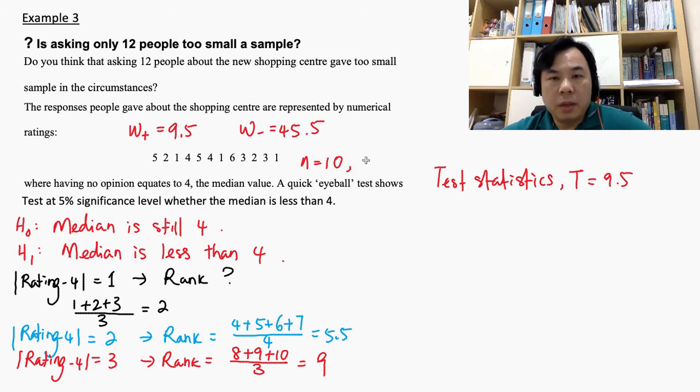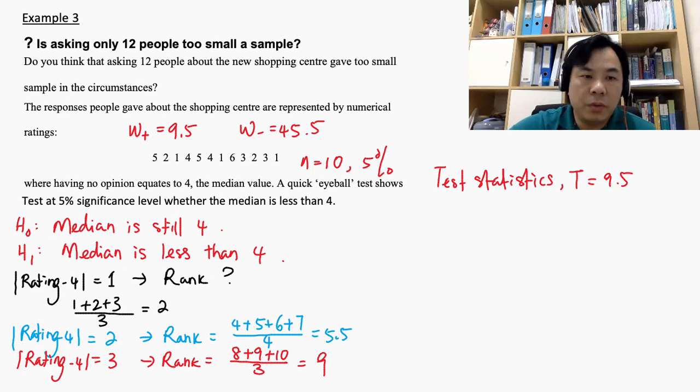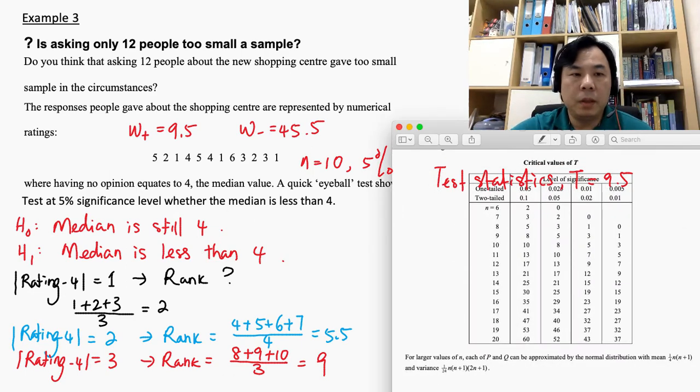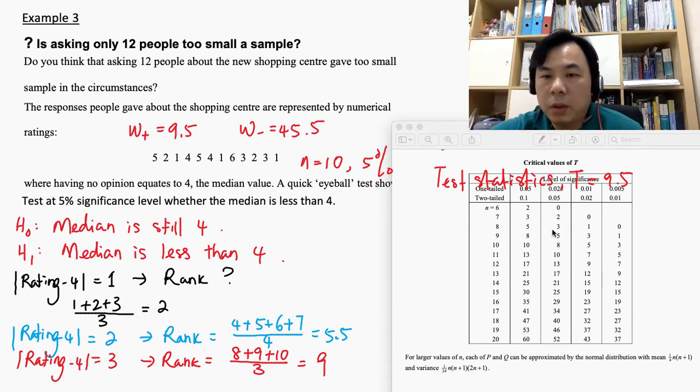And then we are testing it at a 5% significance level. So now it's time for us to refer to our data booklet. Let's see what the data booklet says. All right, now we're going to check. This is a one tail test.